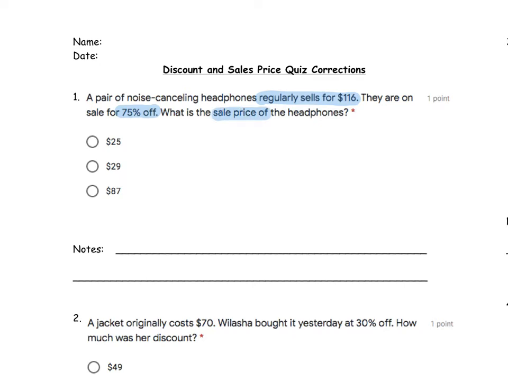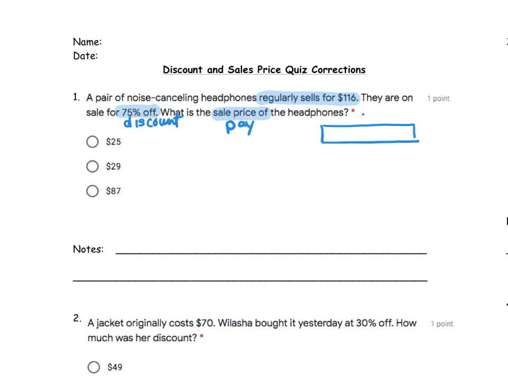So this is very important to know that this is the price that we pay. Sale price is the price that we pay. This is the discount amount. So there's two ways we can do this. One of the ways is to build a tape diagram, and I'm going to do this because I think it helps model this.